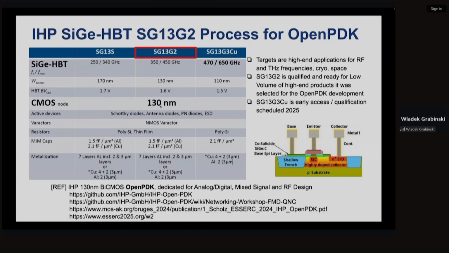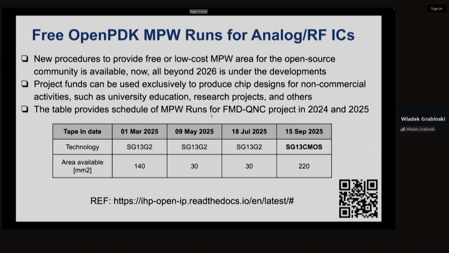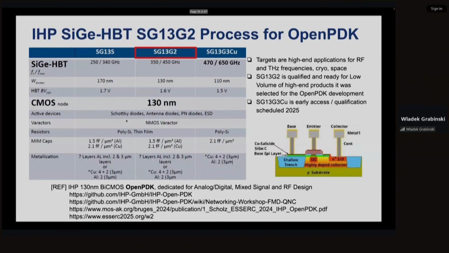It's 100 nanometer CMOS with all active devices, including diodes and ESD protection devices. MOSFET varactors, passive components, including thin film resistors and MIM capacitors.